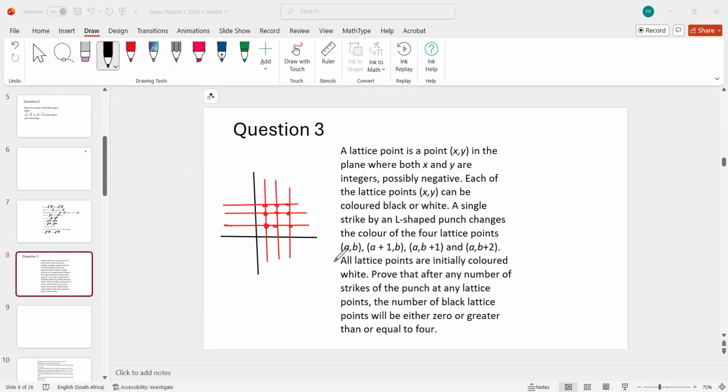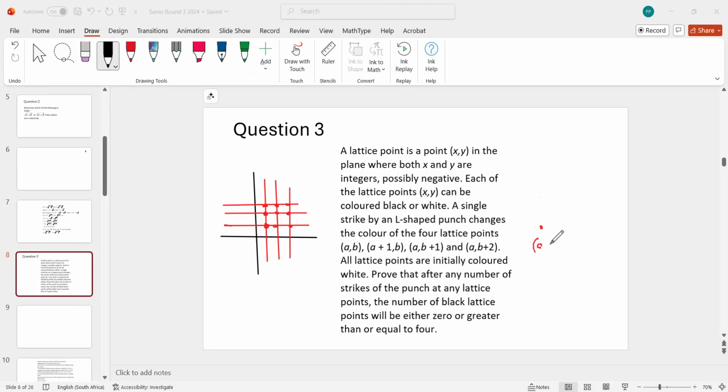Okay. Now, it says a single strike by an L-shaped punch changes the color of 4 lattice points. Now they give you the lattice points. I'm going to just plot them here, for instance.